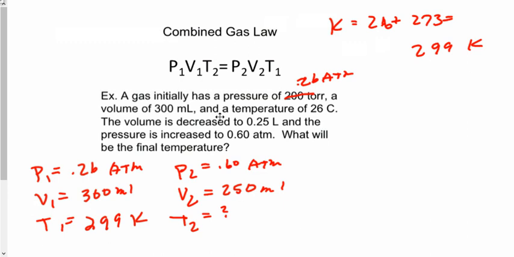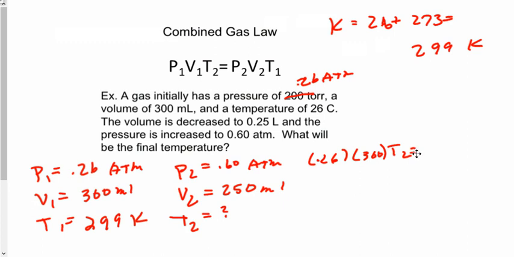So now I'm going to put all of my variables in my equation as I see it there. Pressure 1 is 0.26. Volume 1 is 300. And temperature 2 is my question mark, so I got a T2 there. That's what I'm going to solve for.